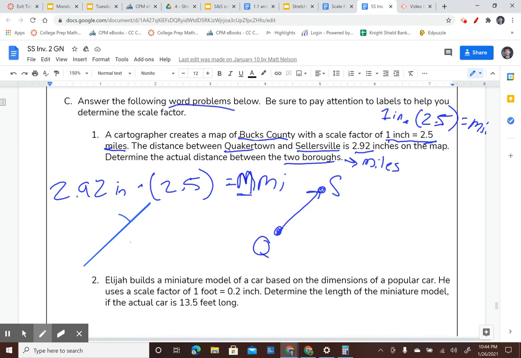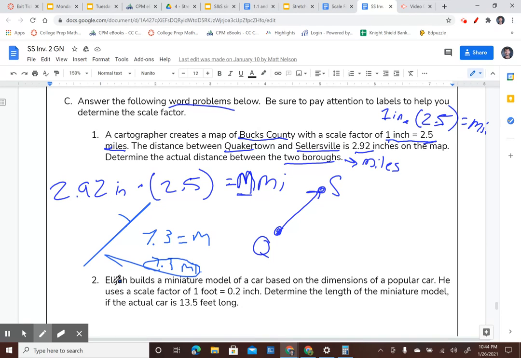Maybe this will work. This is interesting. Can't get it to work. Let me just try with my mouse. 7.3, I think, equals m, my variable. So that's 7.3 miles. All we did was take our inches and multiply it by 2.5. And that gave us our answer here.